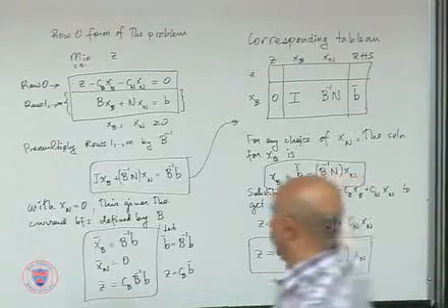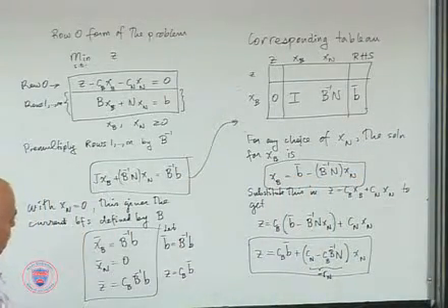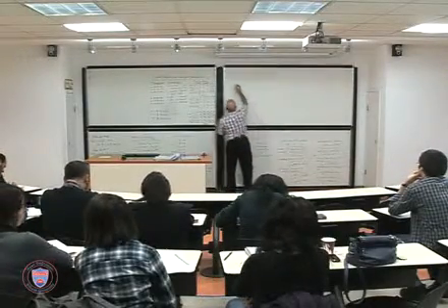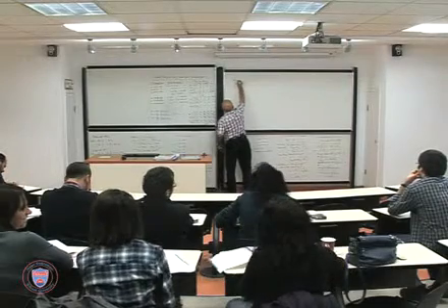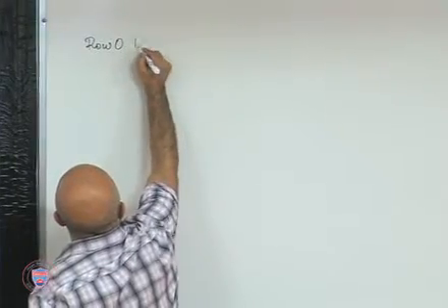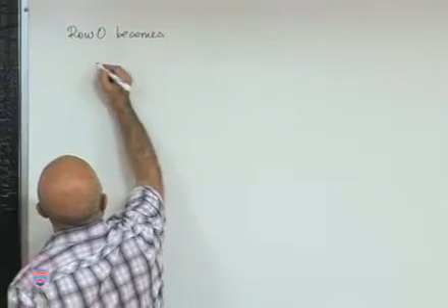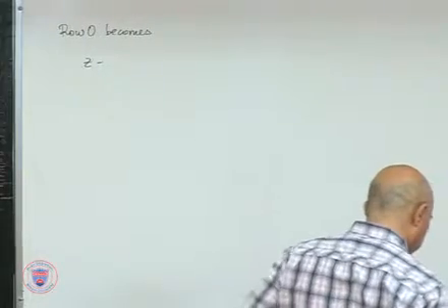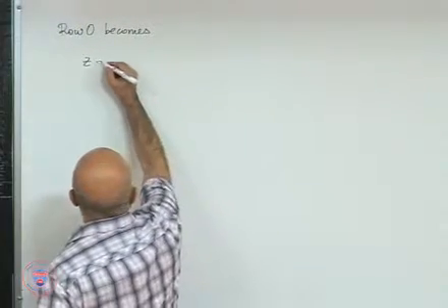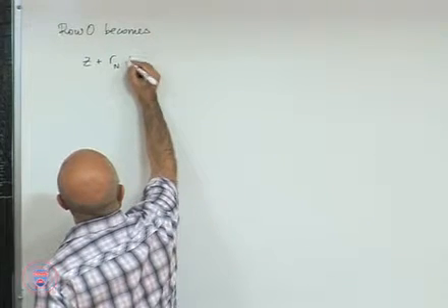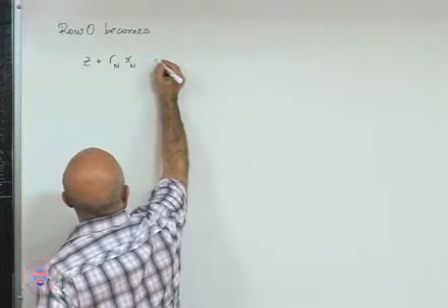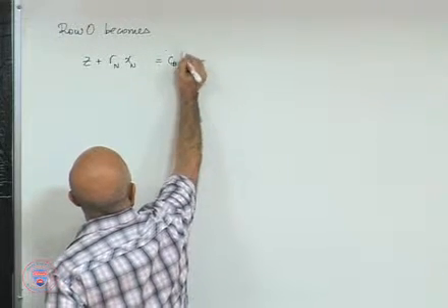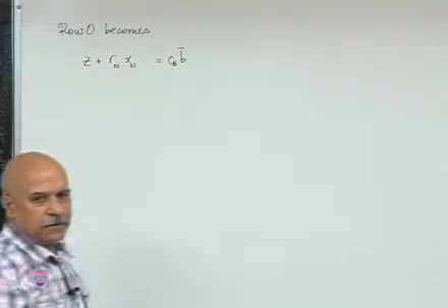With that, row 0 reads now z plus Rn times xn equal to Cb times b bar.